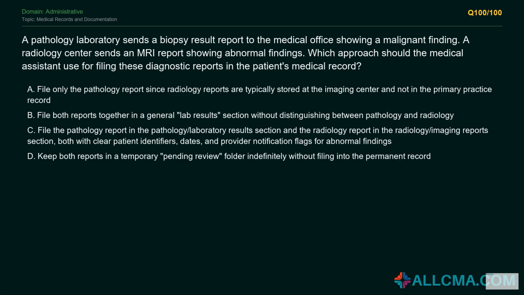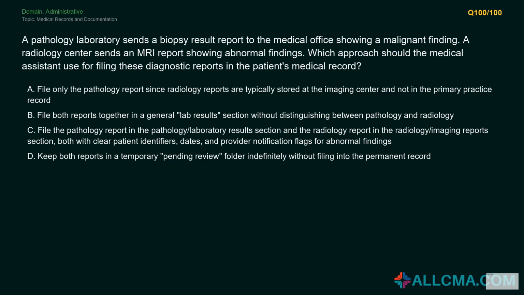Question 100. A pathology laboratory sends a biopsy result report to the medical office showing a malignant finding. A radiology center sends an MRI report showing abnormal findings. Which approach should the medical assistant use for filing these diagnostic reports in the patient's medical record? Option A. File only the pathology report, since radiology reports are typically stored at the imaging center and not in the primary practice record.